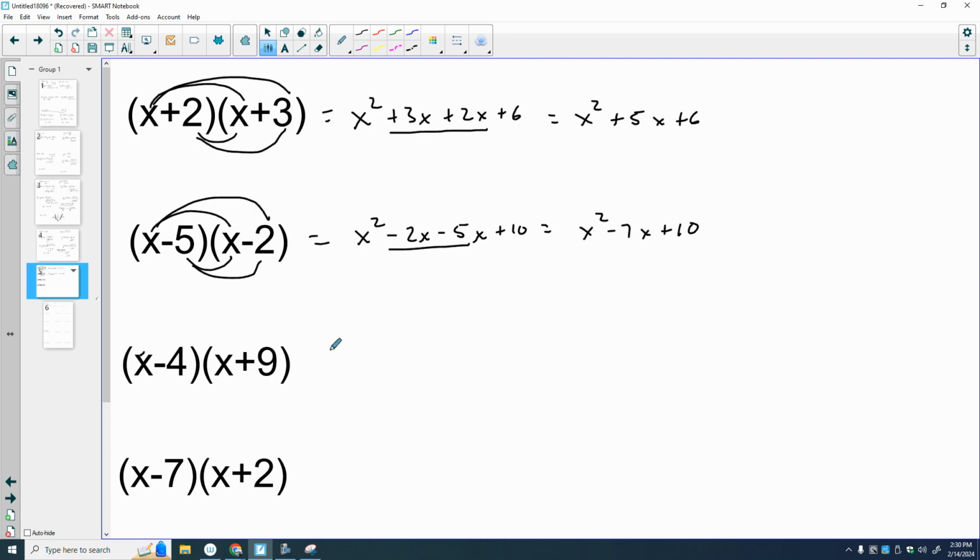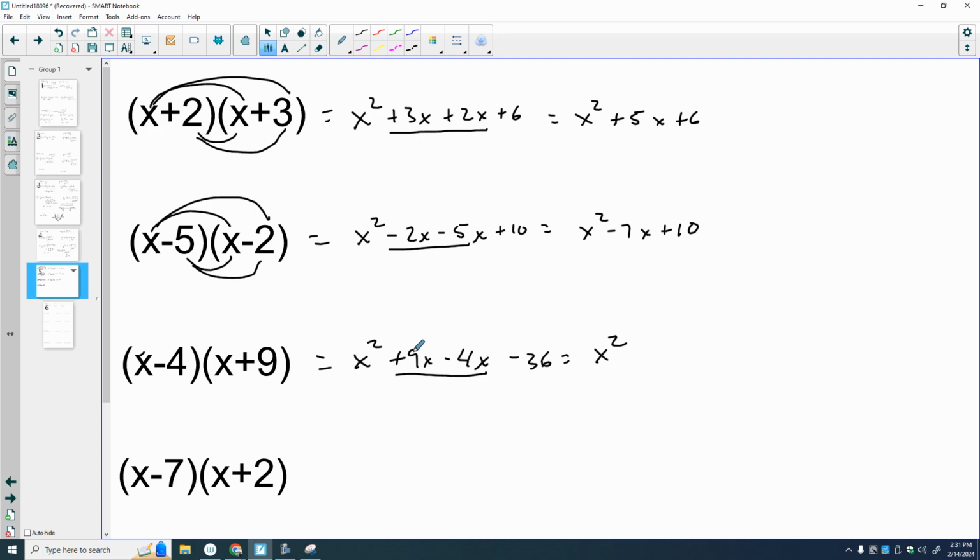Next thing. FOIL, x times x, or distribute twice. X times x is x squared plus 9x minus 4x minus 36. And we did it enough up here. I'm assuming you can follow those steps. Combine like terms. X squared is just x squared, positive 9, negative 4. My signs are different. Go back to pre-algebra.